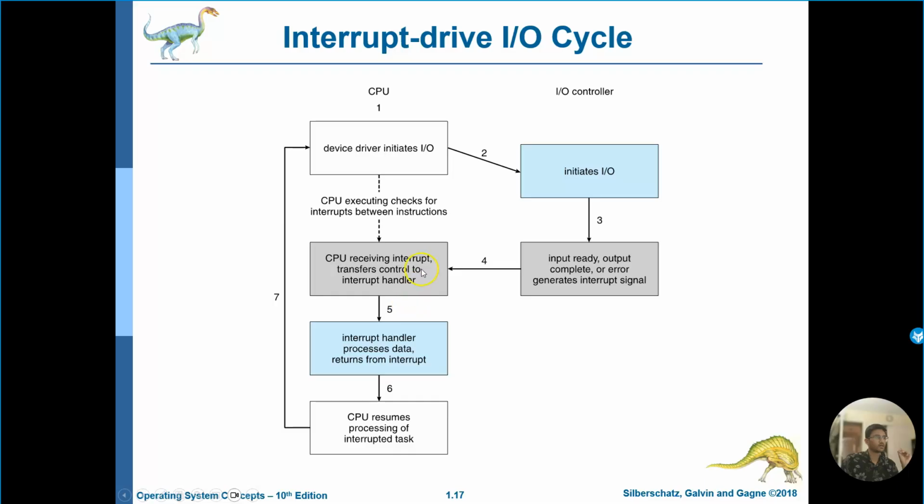The interrupt handler processes the data received and returns from the interrupt. Where does it go? It goes to the CPU, and the CPU resumes the processing of the interrupted task. So again, the device driver initiates the I/O, and then the I/O controller, and this is how the flowchart looks.